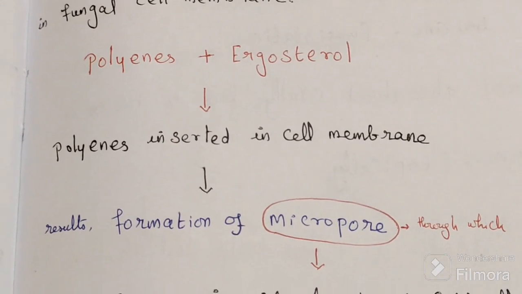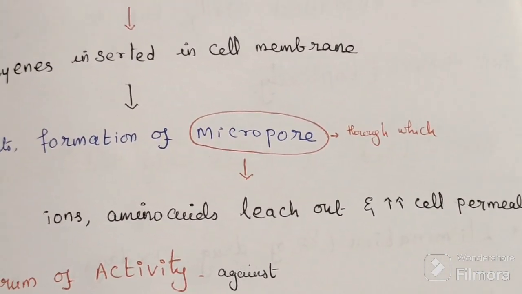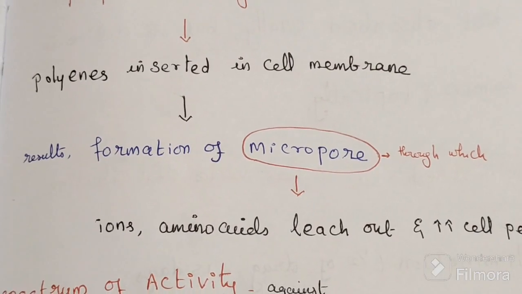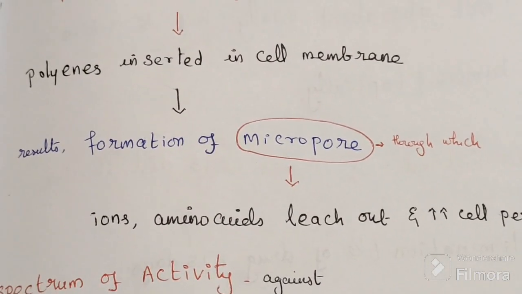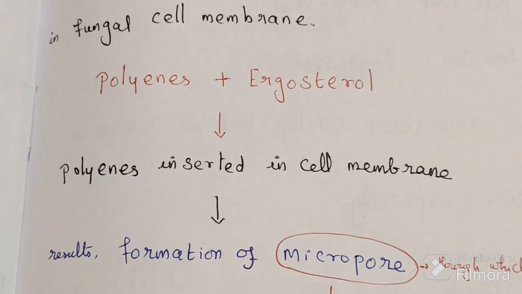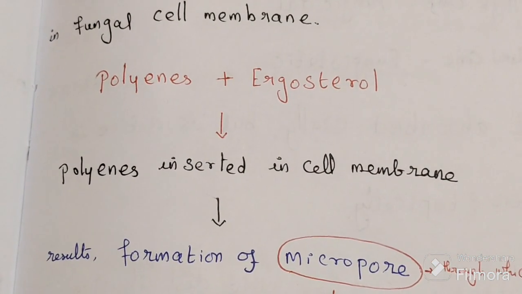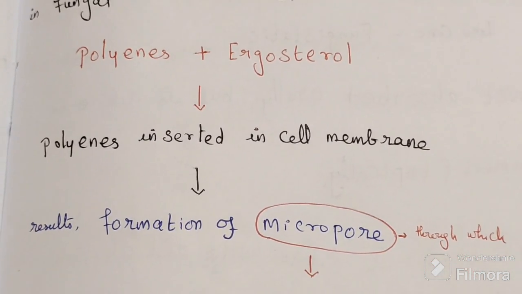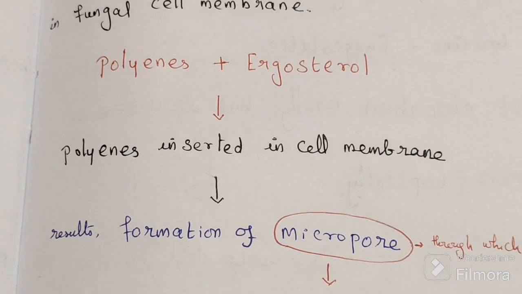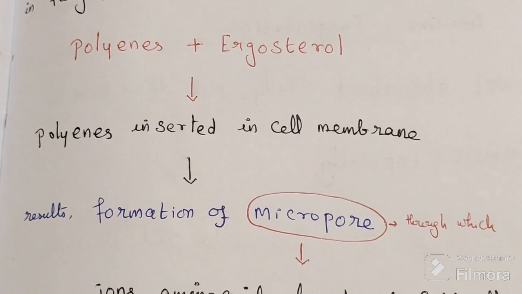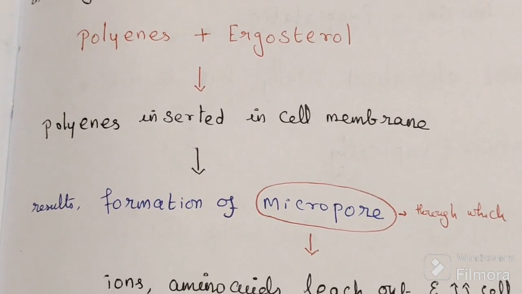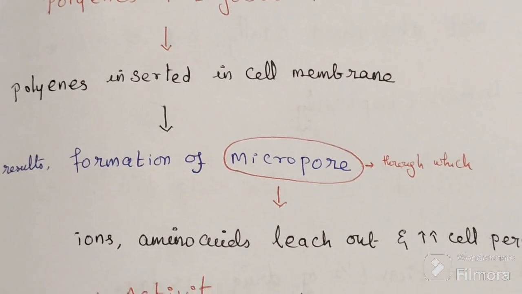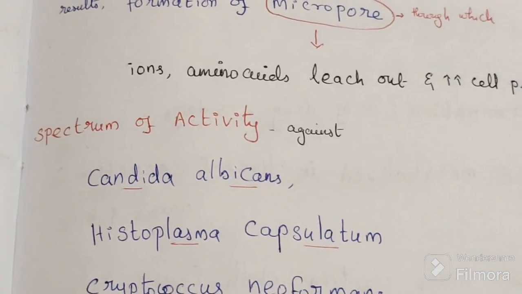Through this micropore, ions and amino acids leach out, increasing cell permeability.